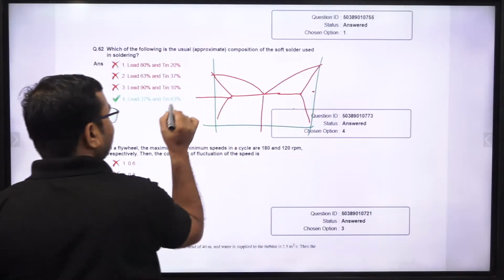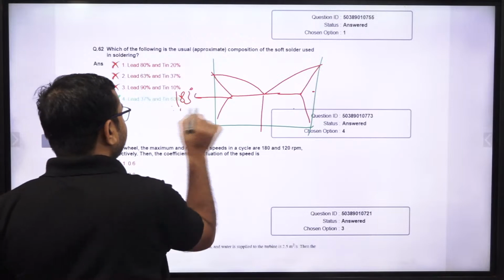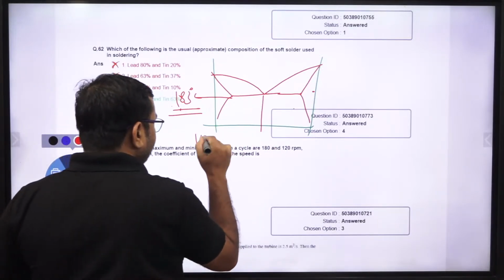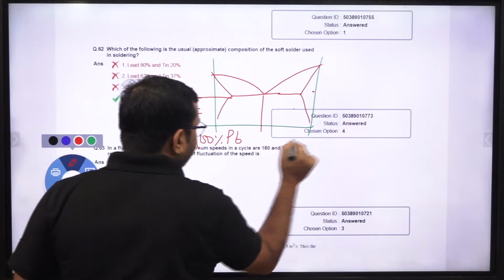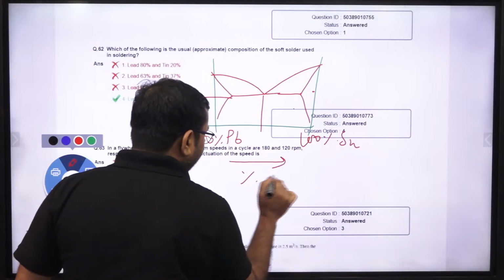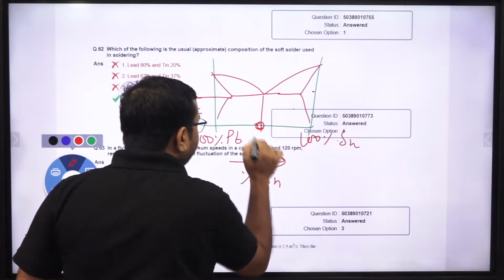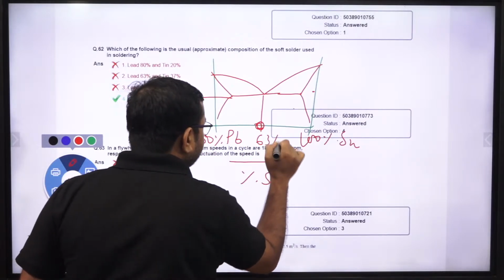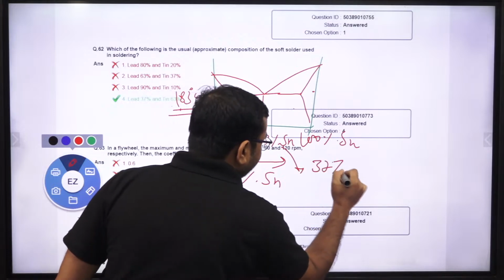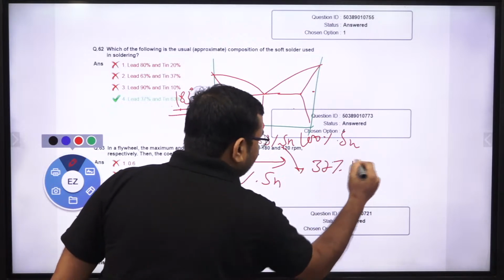So this is what temperature? This is 183 degrees centigrade, and here we have 100% lead, Pb, and here we have 100% tin, and here we represent the percentage of tin. At this point we have 63% tin, which means 37% lead.